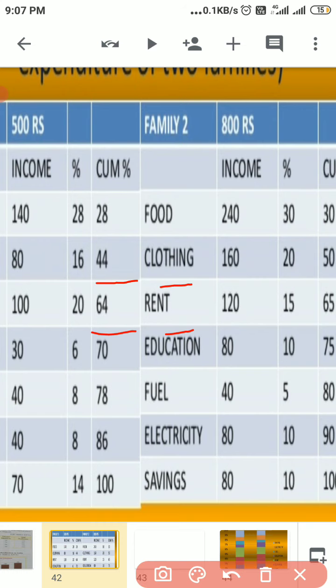You can see here that the percentage total is equal to 100. So every bar should be constructed equal to 100. Then it should be divided into different parts with the help of cumulative percentage, one by one.